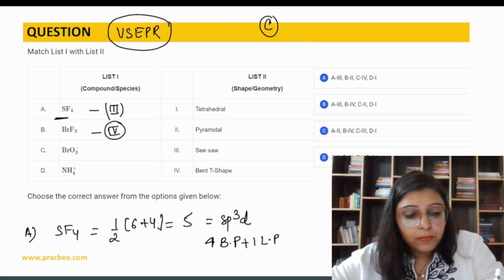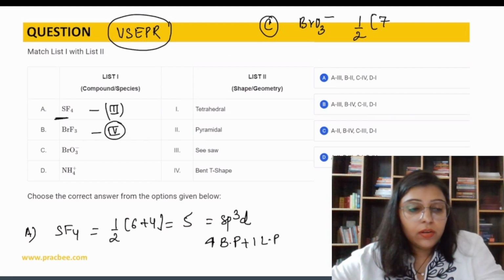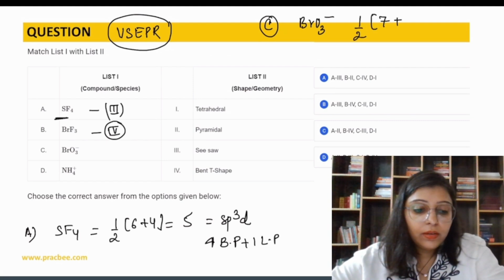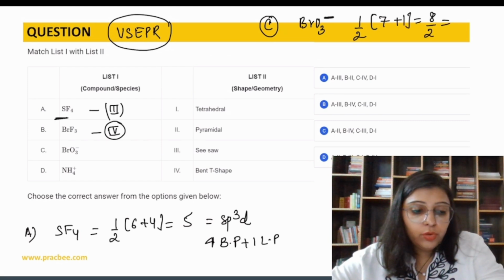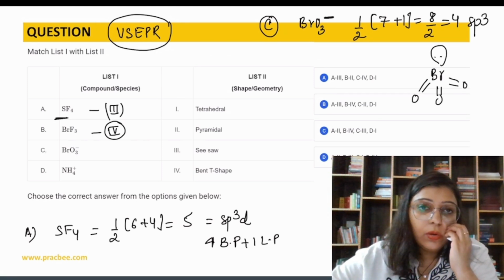Now for C, BrO3 minus, half of 7. Oxygen is divalent, but 1 negative charge. It means 7 plus 1, 8 divided by 2, 4. For sp3, it should be tetrahedral, but how many bonds do we have? We have only 3 bonds, 3 bonds and 1 lone pair.